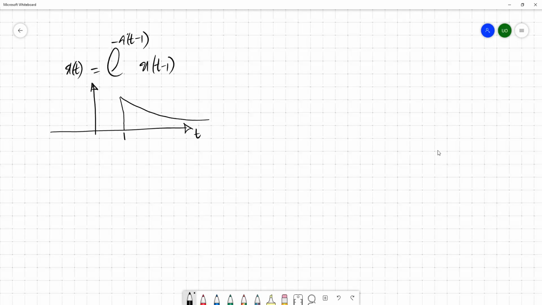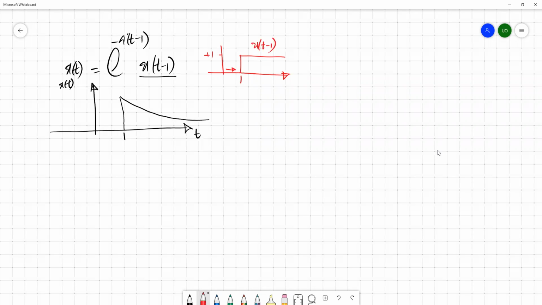This is your x(t). Because here, u(t minus 1) is a shifted version in time domain by 1 unit. The original u(t), which starts from 0, is shifted by 1 unit. So this is u(t minus 1).